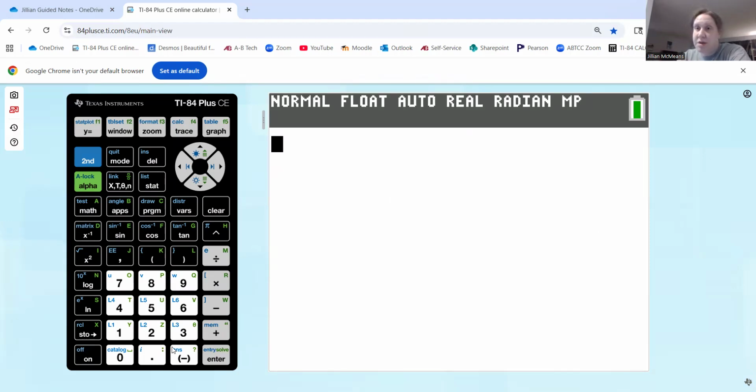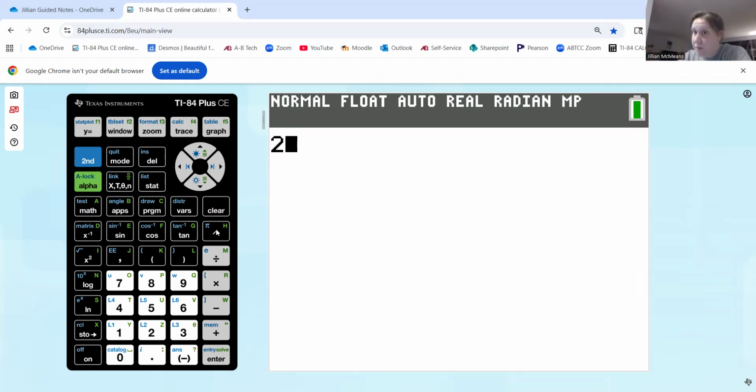So what you want to do is type in your base, okay? In this case, since our base is just positive 2, I can just leave it as is. I don't have to put it in parentheses or anything. So I want to hit the 2. And then if you look to the far right, starting at the bottom on the far right, you have your enter button. That's kind of like equals, plus, minus, multiplication, division. And then above division, you have this like up arrow. It kind of looks like a roof on a house.